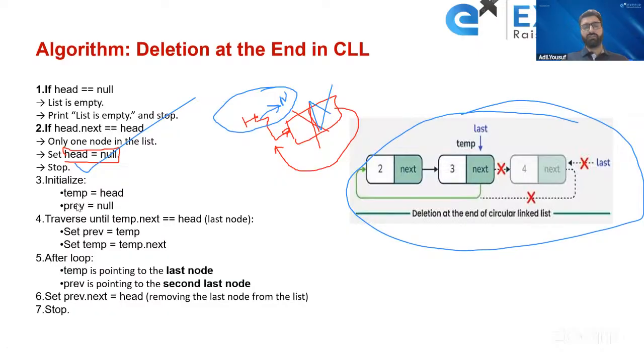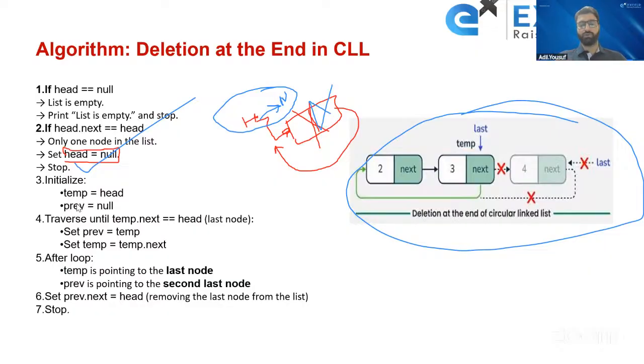This temp will be used to traverse the list, and with the help of this temp, we usually try to find the last node or the last but one. If it was a doubly circular linked list, we were searching for the last but one, but in this circular linked list, we will be trying to find the last node, the end of the list.